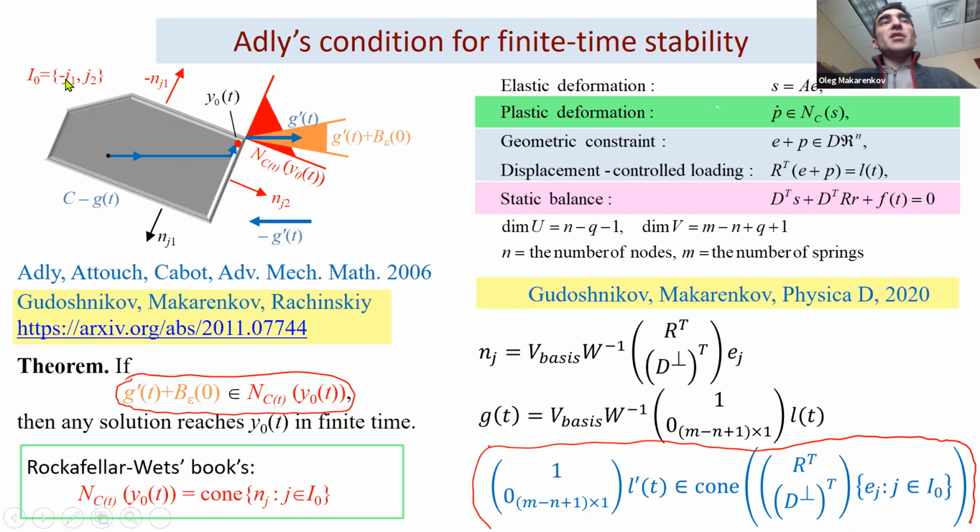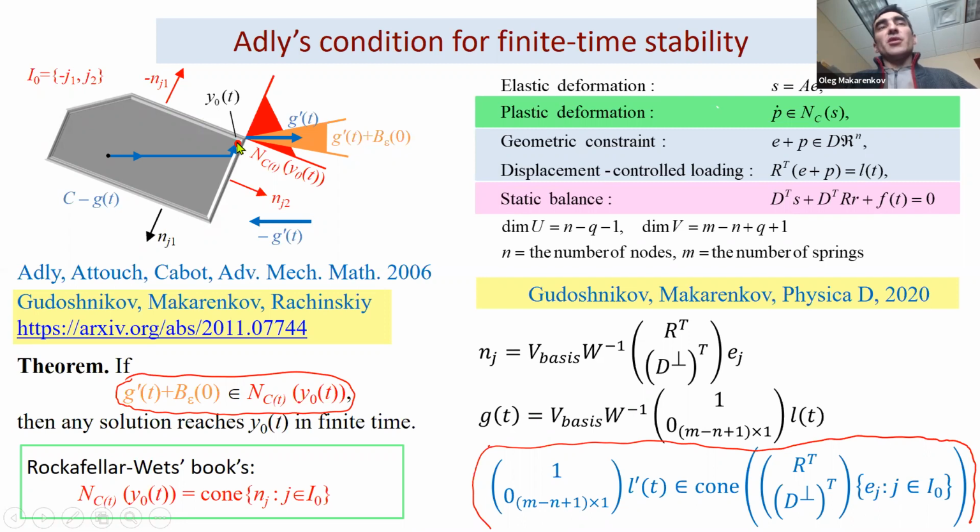And these indexes are saying which normal vectors out of that list of m normal vectors correspond to this point.